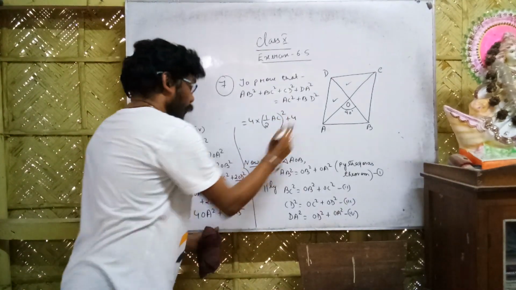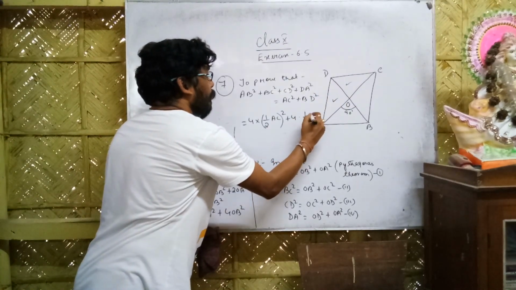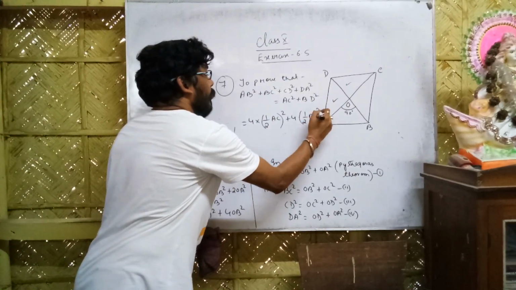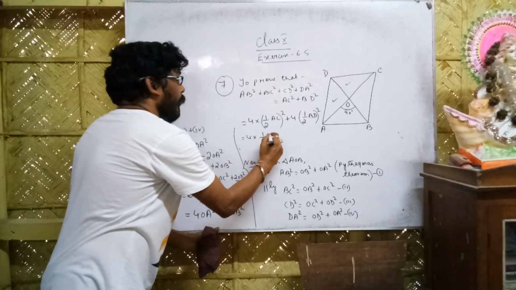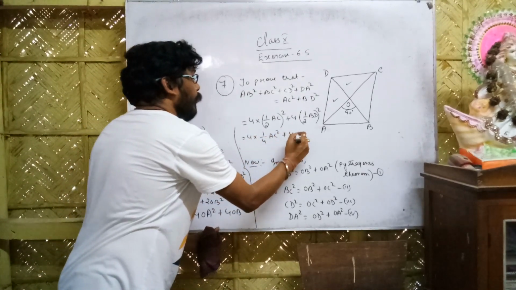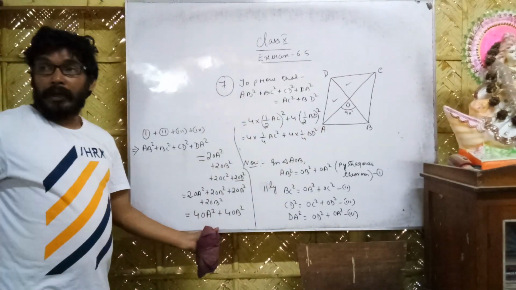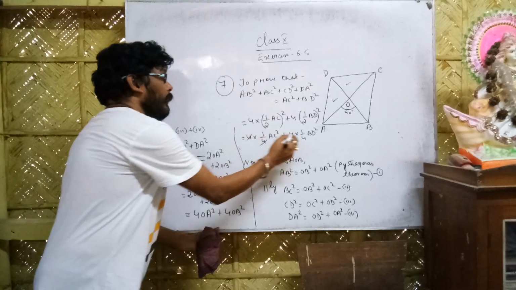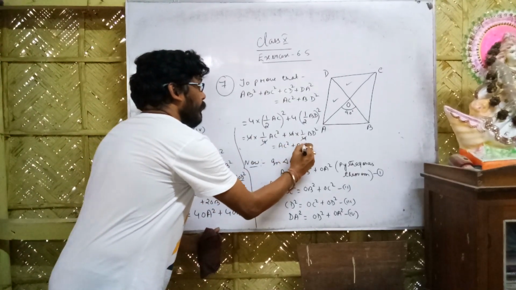Same way, OB is half of BD, so we write half of BD whole square. So what did you get here? 4 into 1 by 4 AC square, and here 4 into 1 by 4 BD square. So 4 cancels, 4 cancels. Ultimately you got AC square plus BD square.